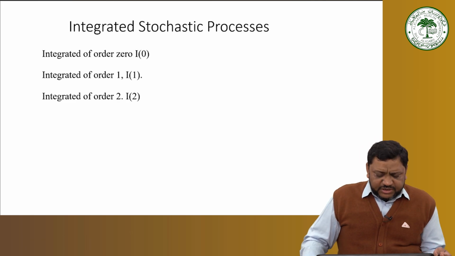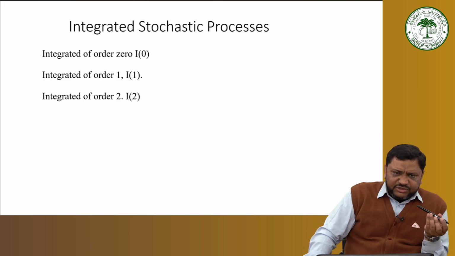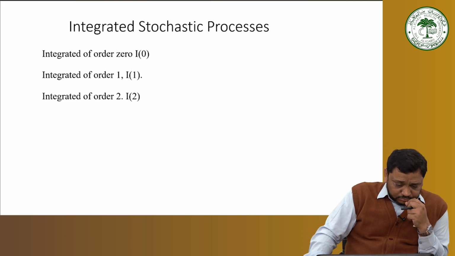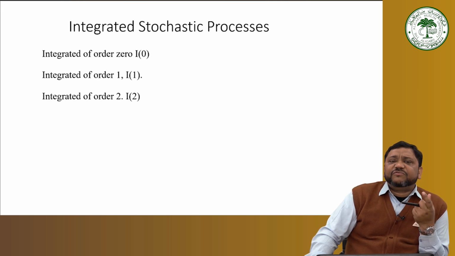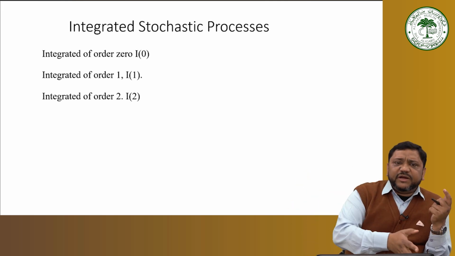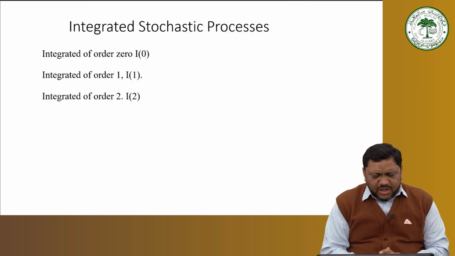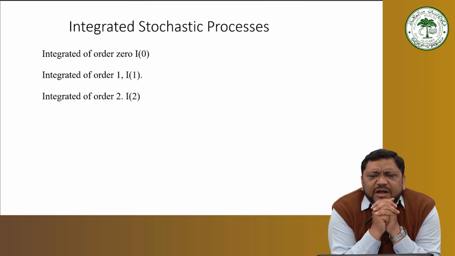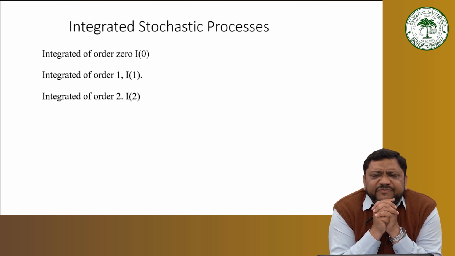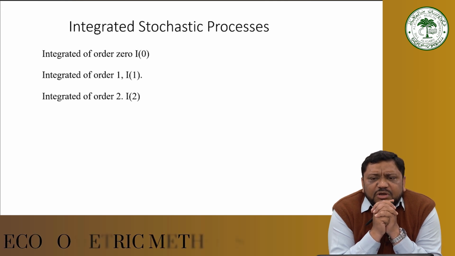Now, we have seen what a stationary process is and what an integrated process is, that is a non-stationary process where the effect of the shock is integrated into the system, the shock doesn't die out. Now, the random walk model is but a specific case of a more general class of stochastic process known as the integrated process.